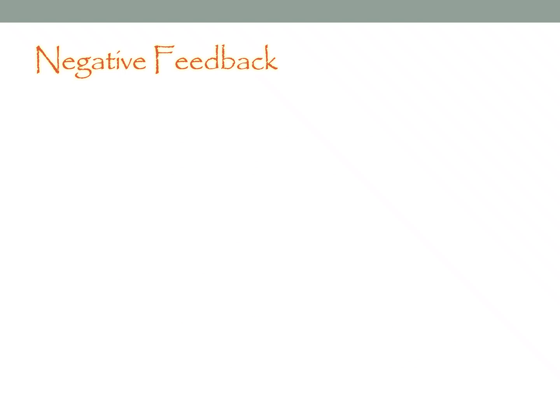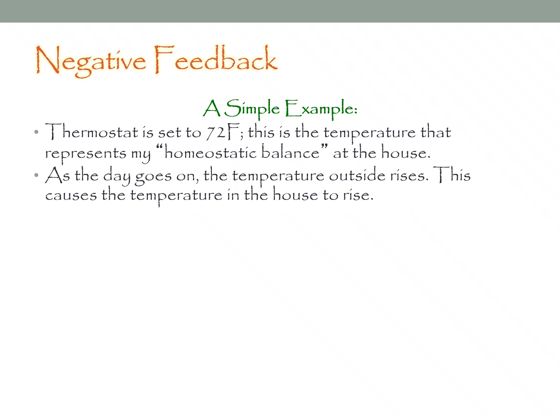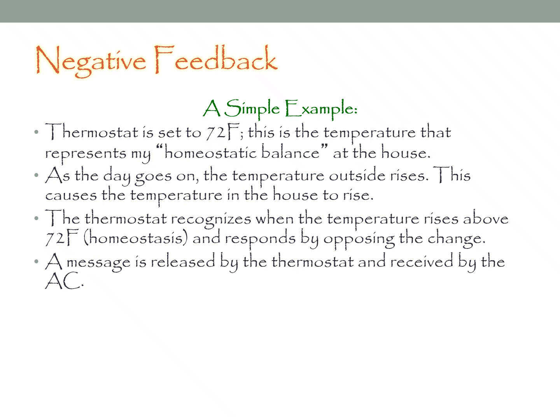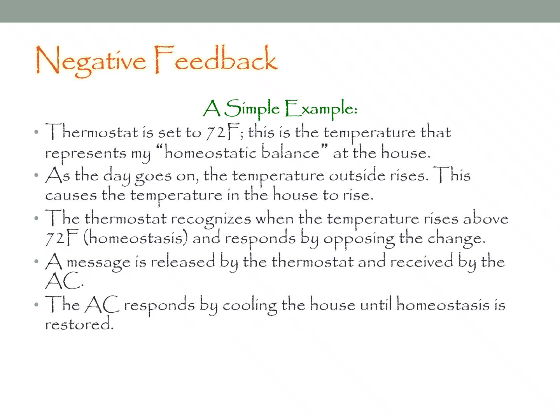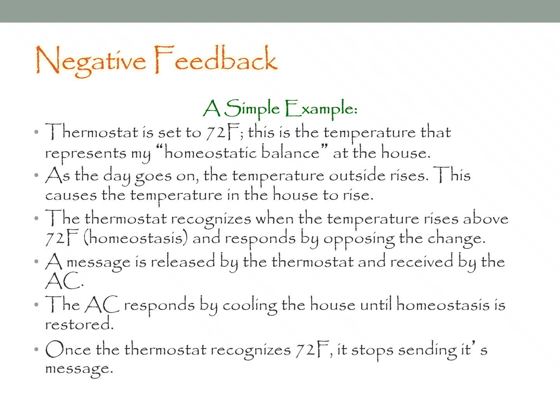Another example of negative feedback: heating and cooling systems. So if your thermostat is set to 72 degrees, and it stays at 72 degrees in your house, then you're essentially at homeostatic balance. Now, outside, the sun's come up and the temperature inside the house starts to rise a little as well. Now the thermostat says, hey, we're now above 72 and our homeostatic balance is at 72.